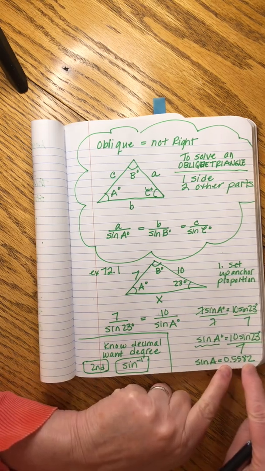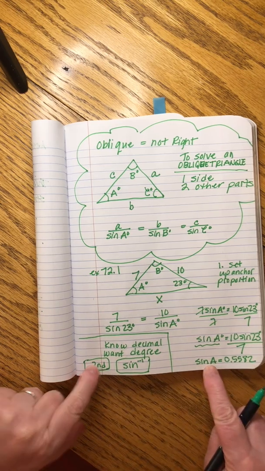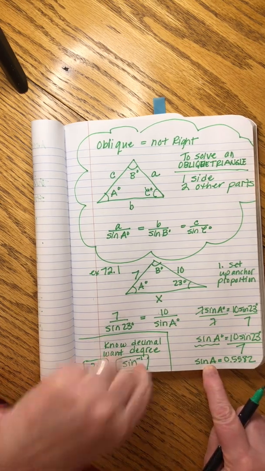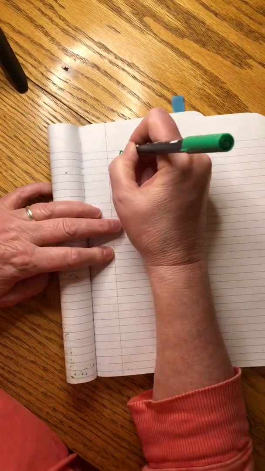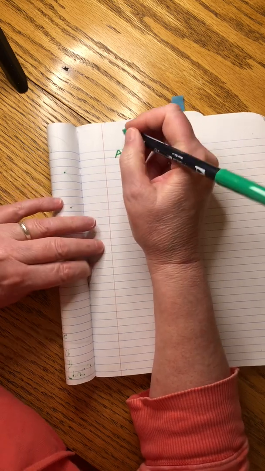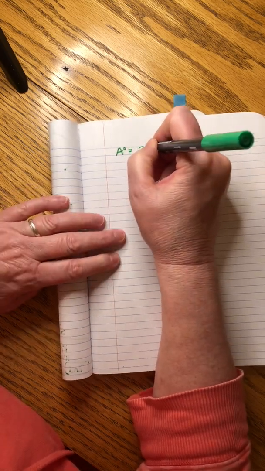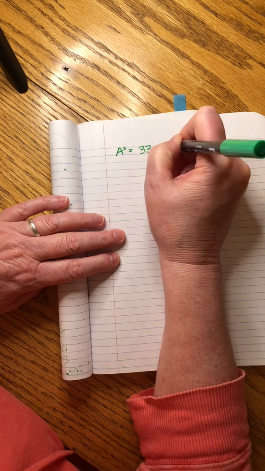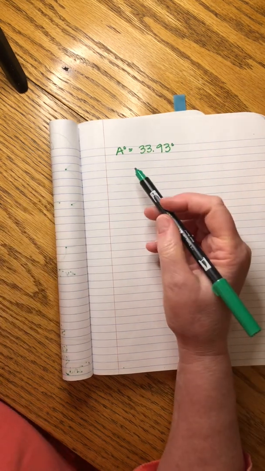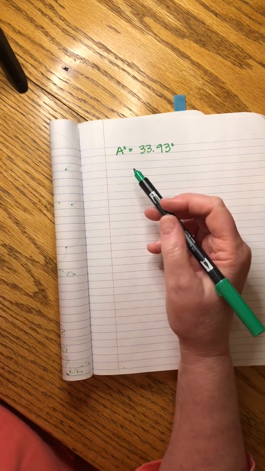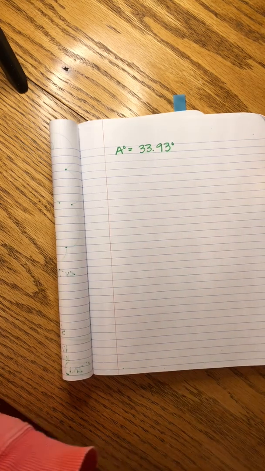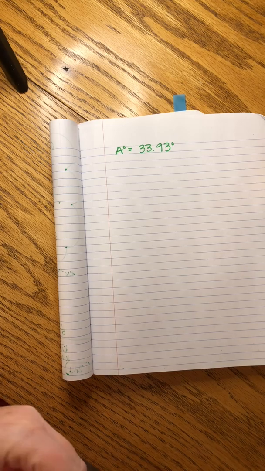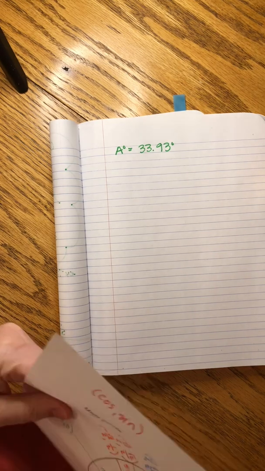So you enter 0.5582, then you hit second and sine inverse, and what you will get is that A is equal to 33.93 degrees. If you have any problem calculating this, let me know, and we'll work on that in the video chat.